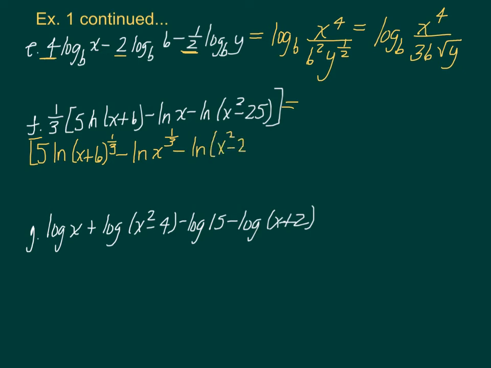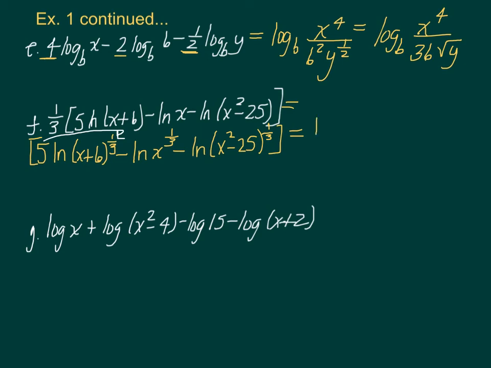And the x squared minus 25 is to the 1/3. And then same like for letter E, I have two subtractions, so I have to use the quotient property. Now the 5 is also a power, so I'm going to have to put that as an exponent, but there's a 1/3 there, so that's going to become 5/3.